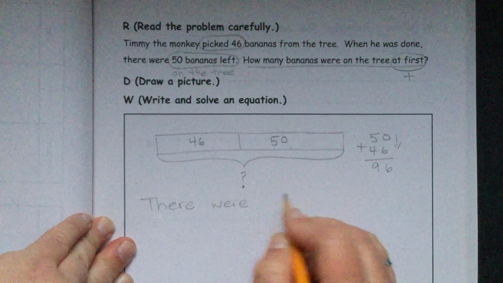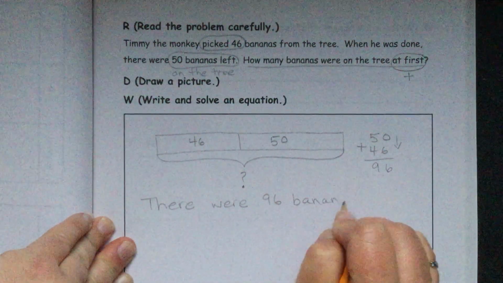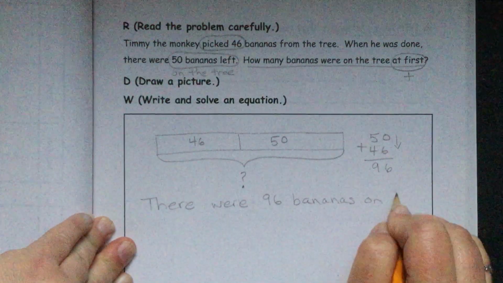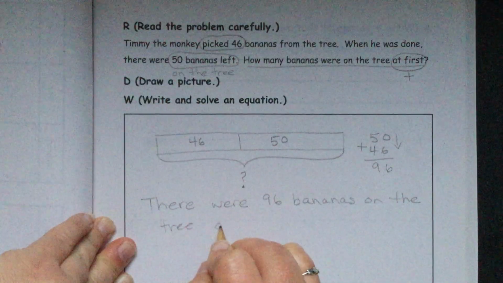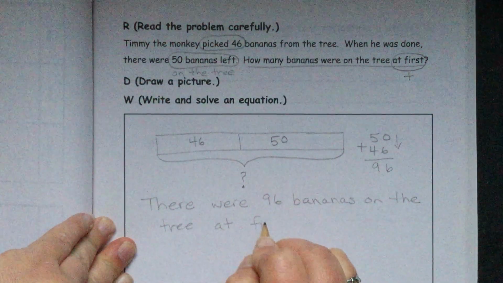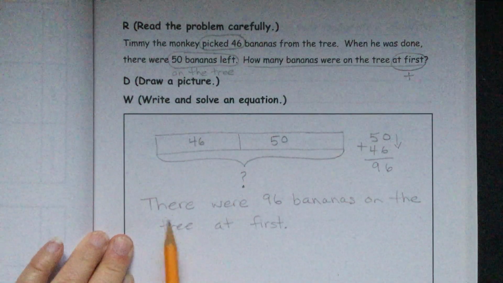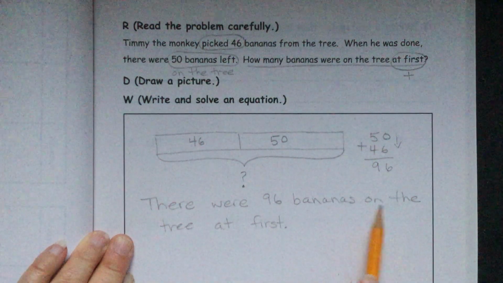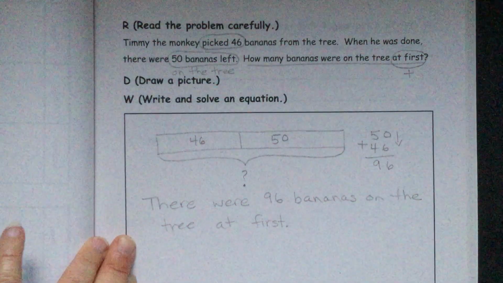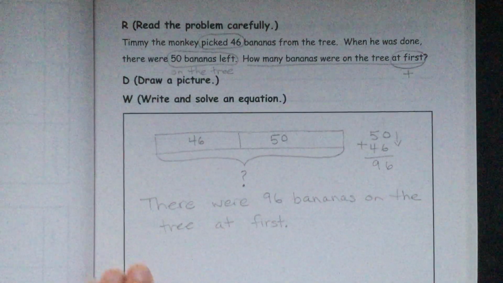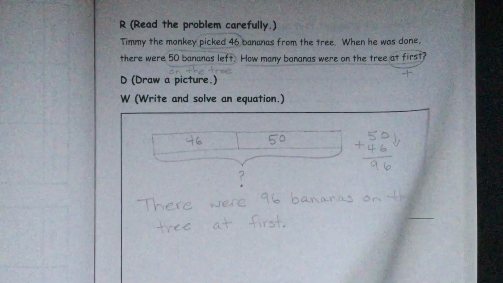There were 96 bananas on the tree at first. Okay, so there were 96 bananas on the tree at first, or to begin with. Okay, so let's move on to our problem set.